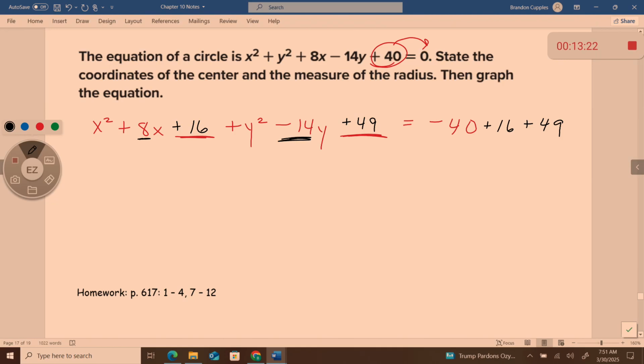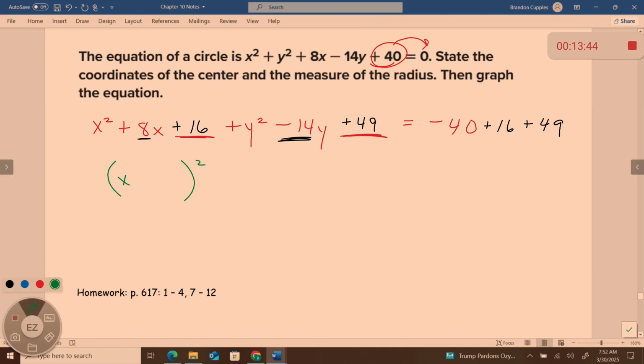Now again, we have not done a lot of factoring here, folks. But this is going to end up being this. The factors of x squared are x. The factors of 16 are 4 and 4, 8 and 2, 16 and 1, okay?